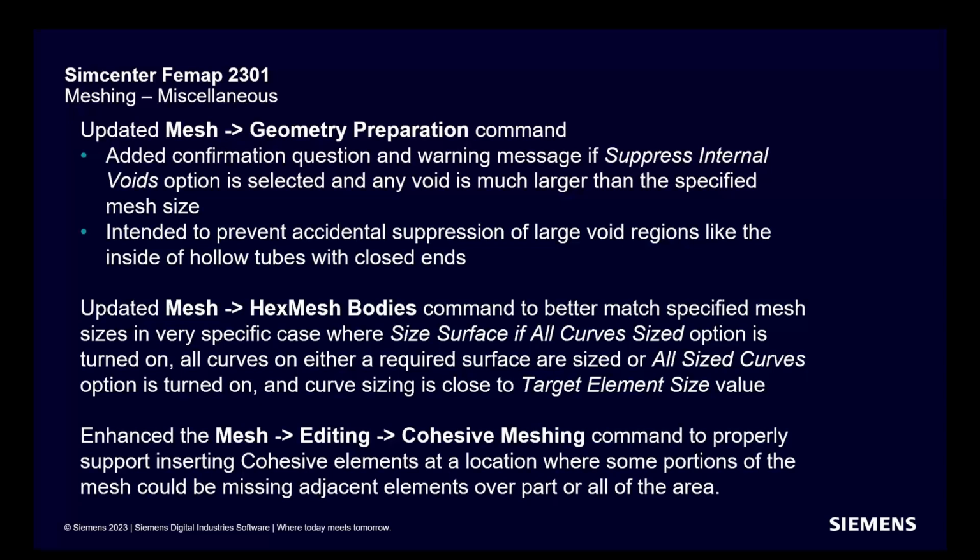And then these are, in my opinion, almost bug fixes, but the hex mesh bodies command, which again is the new functionality in Femap, where you can create a hex mesh.